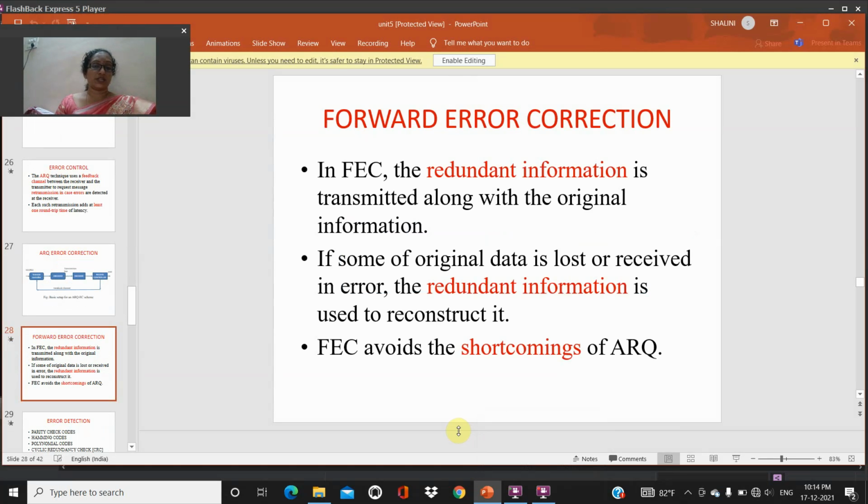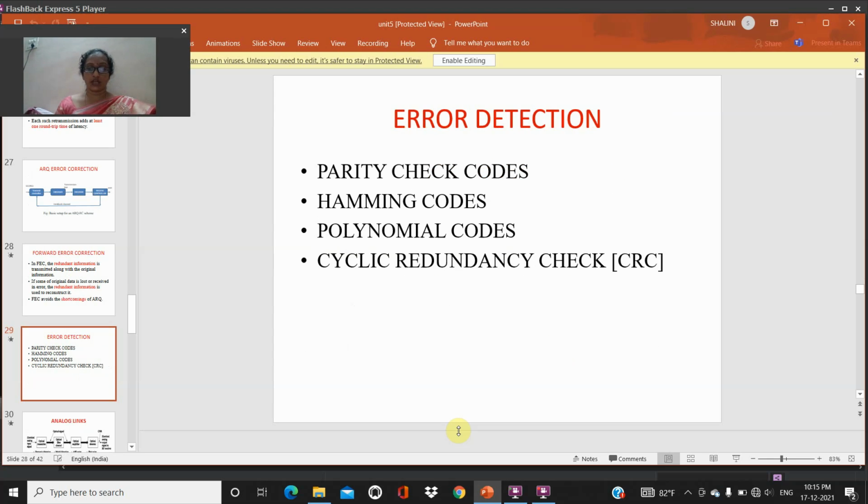If some of the original data is lost or received in error, the redundant information is used to reconstruct it. So FEC avoids the shortcomings of ARQ.